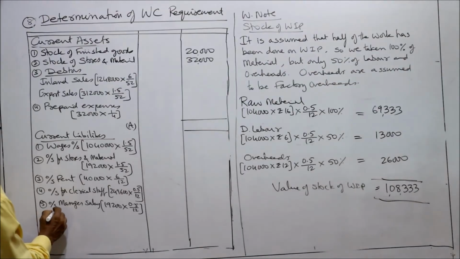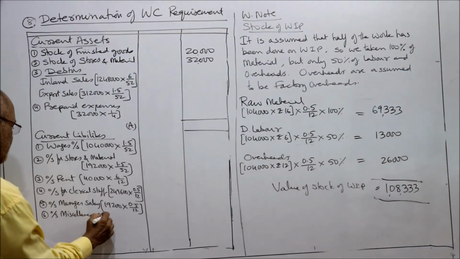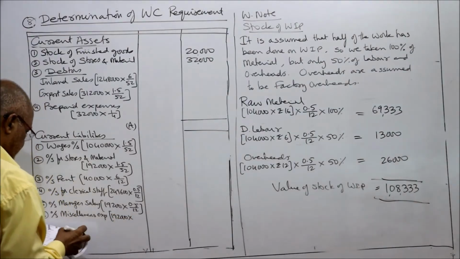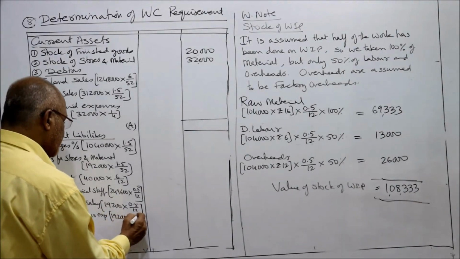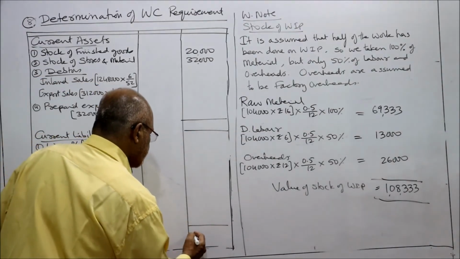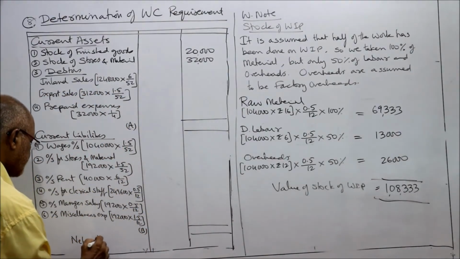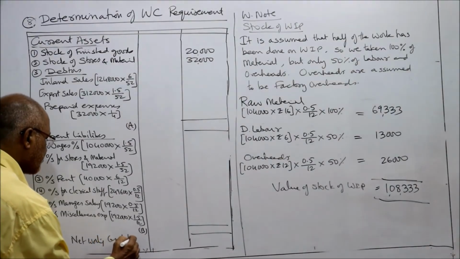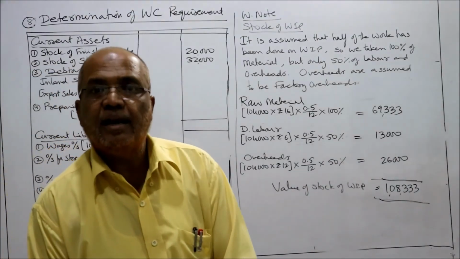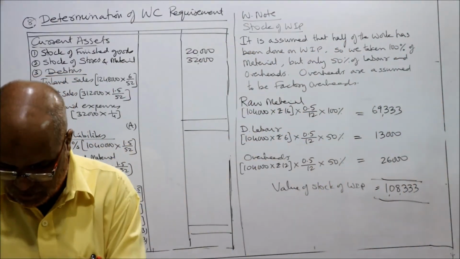Last one, outstanding miscellaneous expenses, it is 1,92,000 into 1.5 by 12. That's it. Net working capital is A minus B. Only the calculative part is left. We have completely taken all the values.